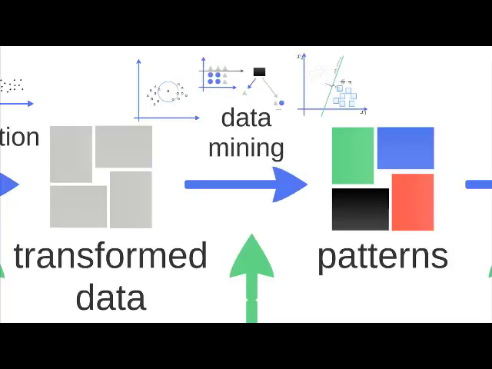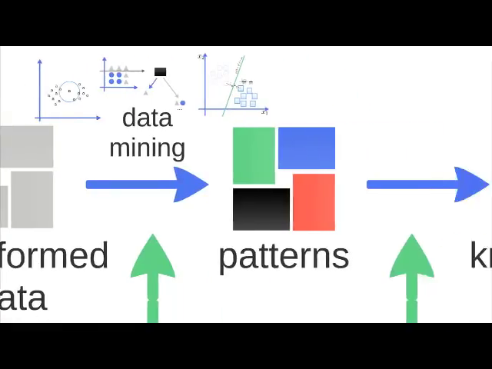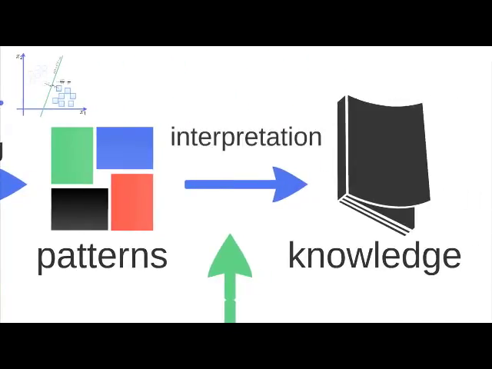So the data will start to be divided into patterns. And the last step of this process is the interpretation of these patterns. This is not an automatic procedure. The user looks at the patterns and applies the interpretation in order to obtain the knowledge given by those patterns.